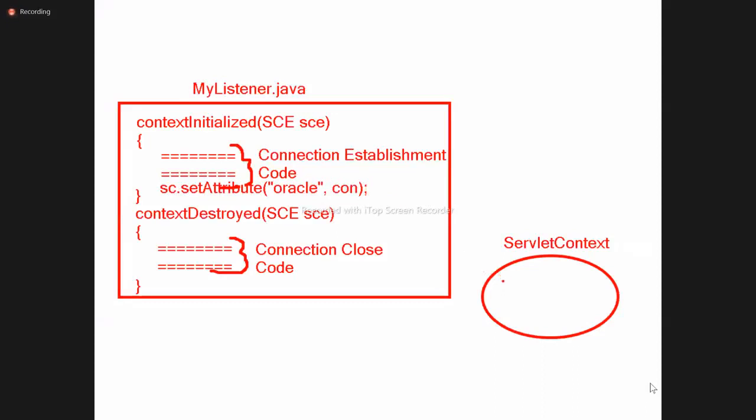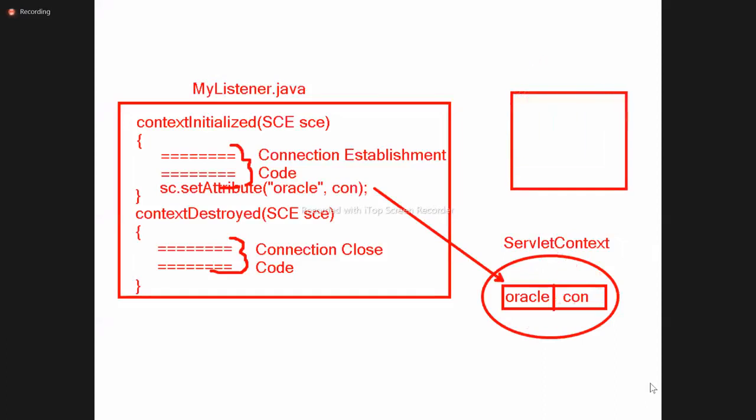I'll place this connection here. The name of the connection, Oracle, can be any name you want. This is the connection reference. Name-value pair: setAttribute. Then this connection object is placed here. You can access this object in all servlets in a WAR file.